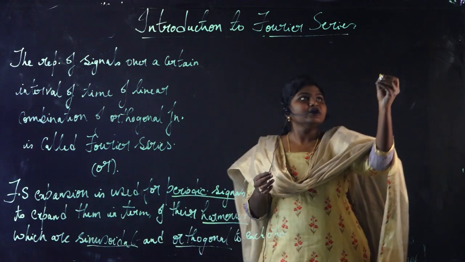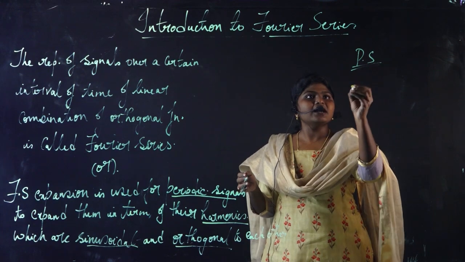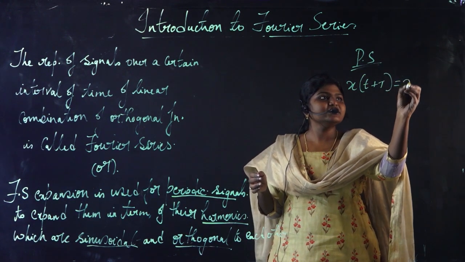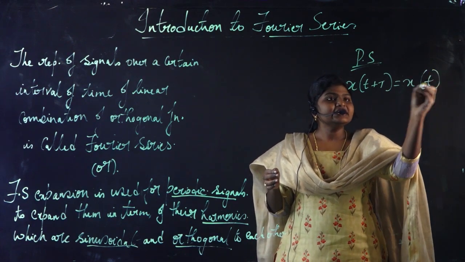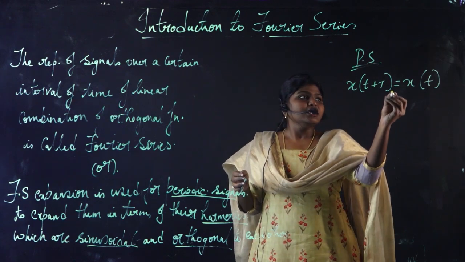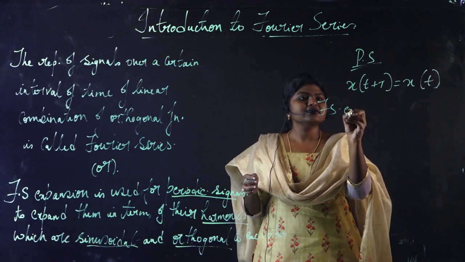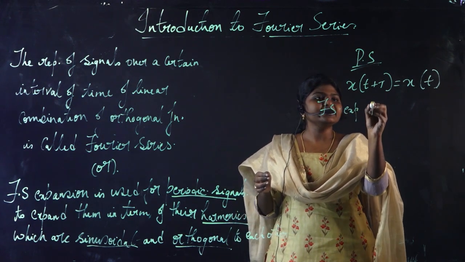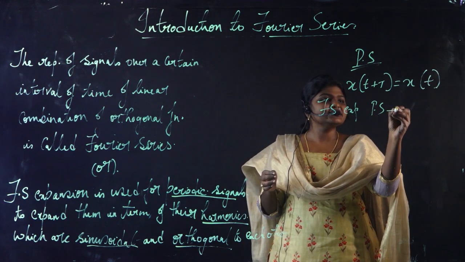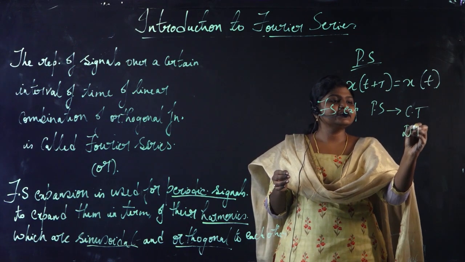Periodic signals satisfy x of t plus T. If this is equal to x of t, then we call it a periodic signal. So a Fourier series expansion is only for periodic signals. In periodic signals, we again have continuous time and discrete time.